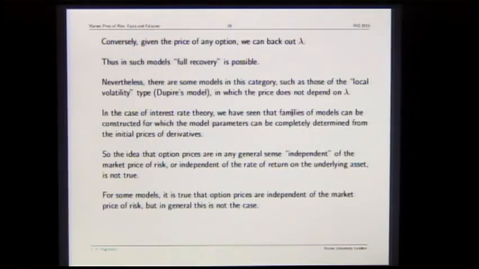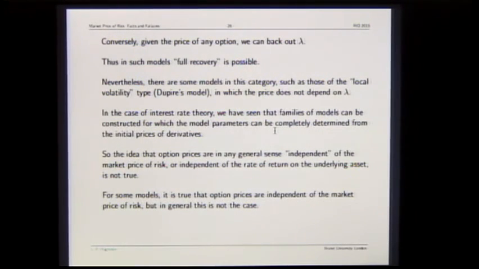So in the case of interest rate theory, we've seen that families of models can be constructed for which the model parameters can be completely determined from initial prices of data. I showed you in the example of the rational log normal model, but loosely speaking, in most models of the potential type, this is true as well.